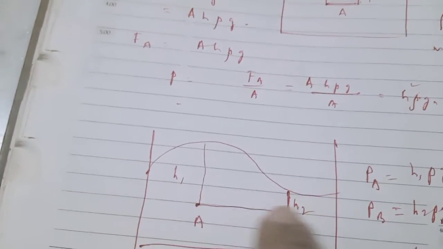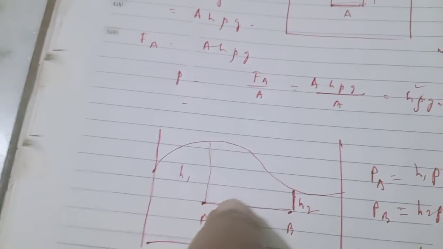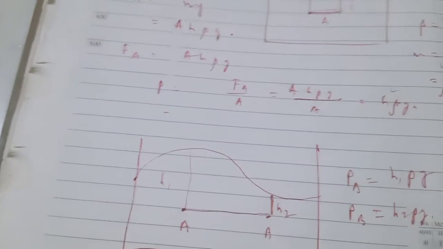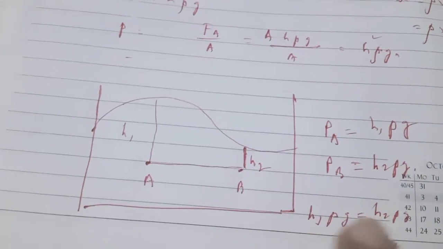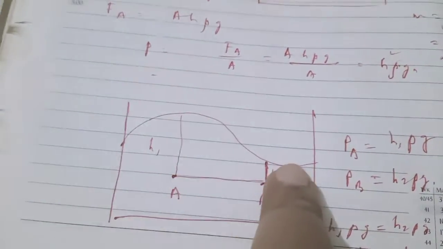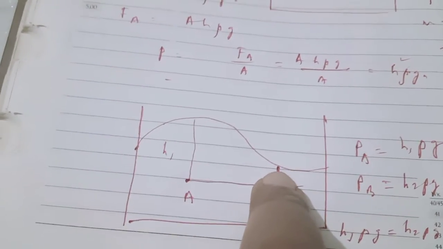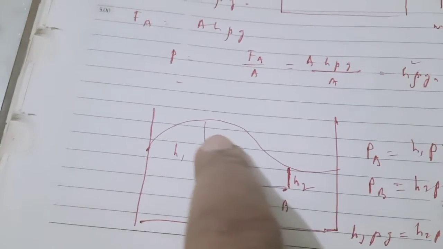So this is the same horizontal plane. So pressure exerted by the liquid at every point on this plane must be equal. So h1 rho g is equal to h2 rho g, cancel, h1 is equal to h2. So our diagram is wrong. h1 and h2 must be equal. So in that case, it will be flat.